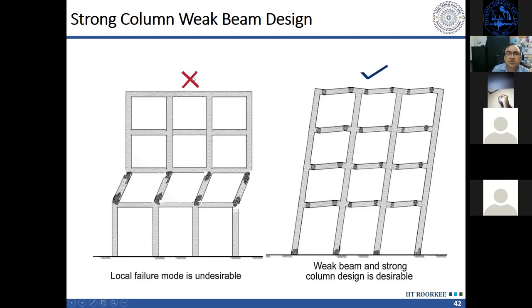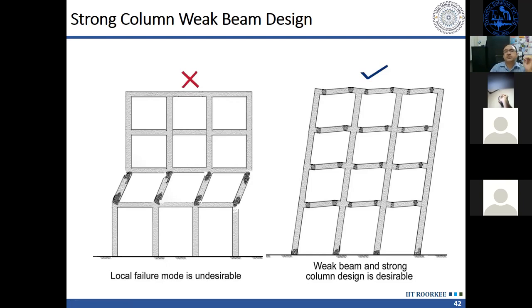You can see I have shown the cross and the right tick mark here. That shows that the global failure mechanism is preferable. Why is the global failure mechanism preferable? Because here we are having a larger number of plastic hinges, so we get more energy dissipation. That is one thing. Secondly, the hinges are forming in beams, and the beams are subjected to flexure, not to axial force.